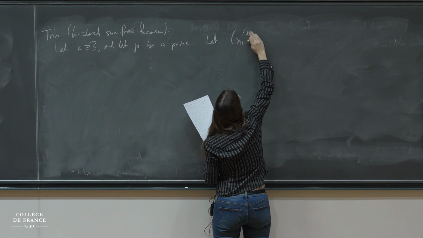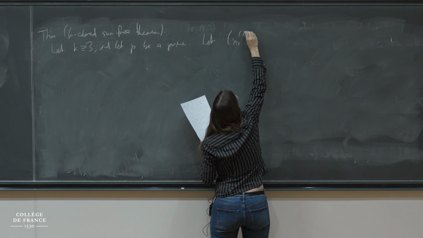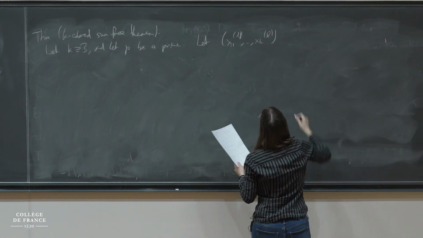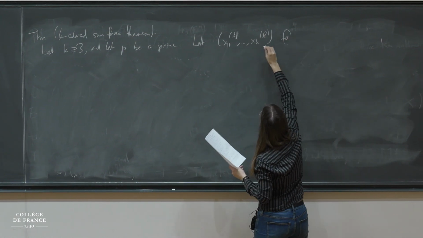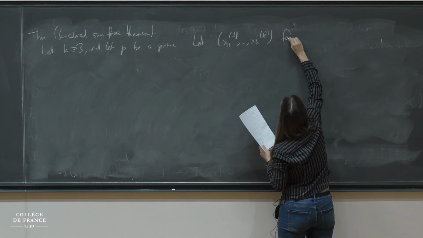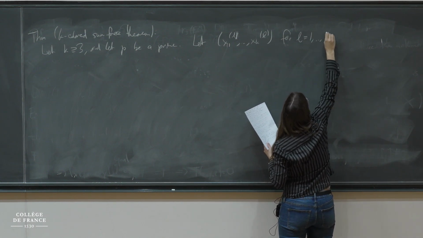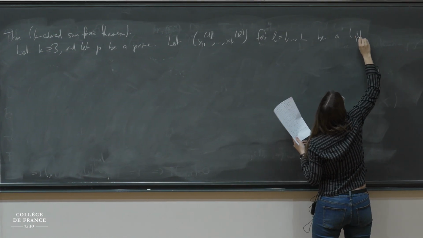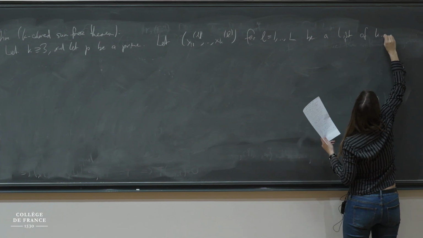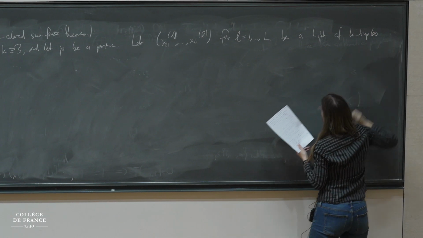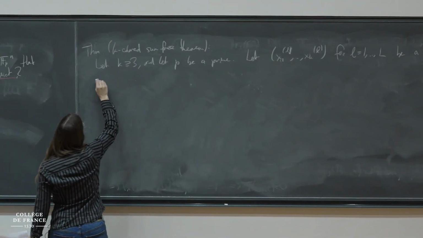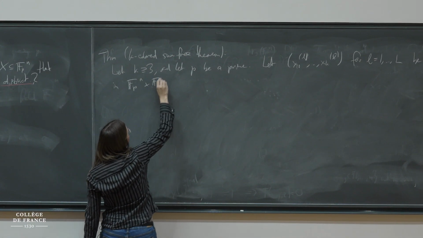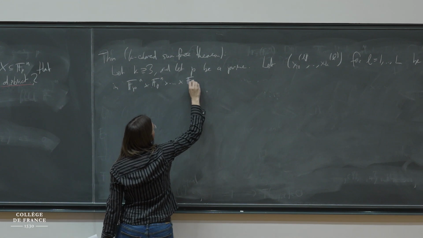Let x_1^L and so on to x_k^L, for L ranging from 1 to capital L, be a list of k-tuples in F_p^n cross F_p^n cross and so on cross F_p^n.